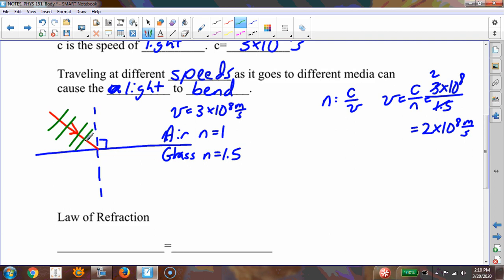They all travel at the same speed. All points on the wavefront as it travels through this medium travel at the same speed until it gets here. And then one part of the wave begins to enter into the glass. Because it enters into a point where it's traveling slower, the speed of the wave at this point is going to be slower than the speed of the wave over here.